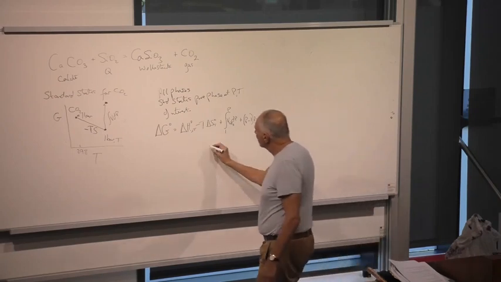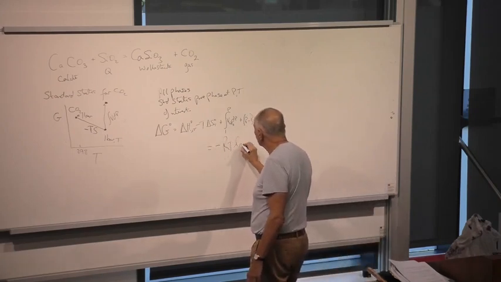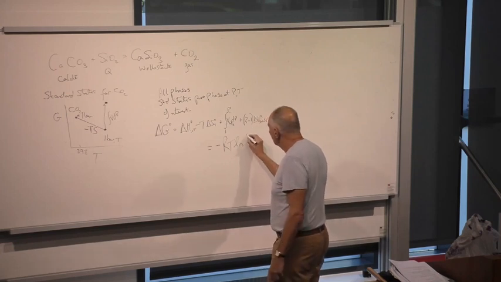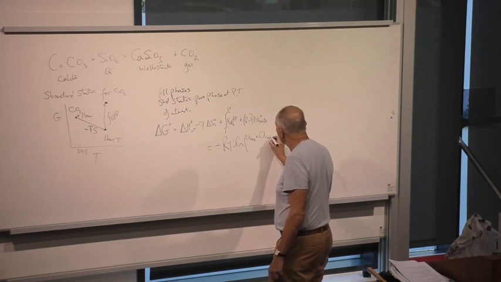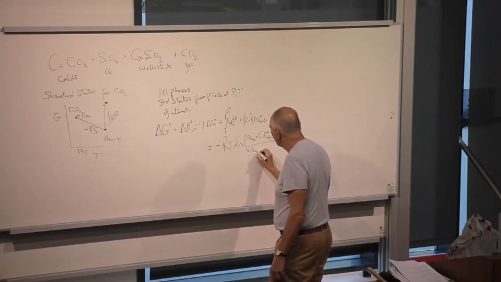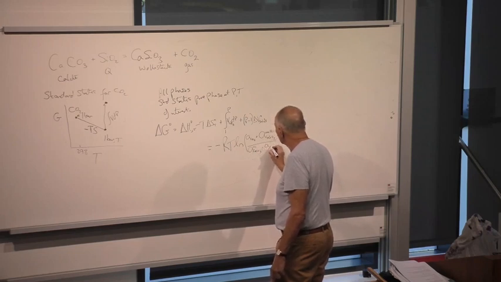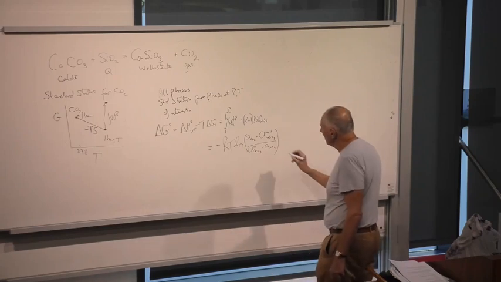And that equals minus RT ln activity of CO2 times the activity of CaSiO3 in wollastonite divided by the activity of CaCO3 times the activity of SiO2 in quartz.